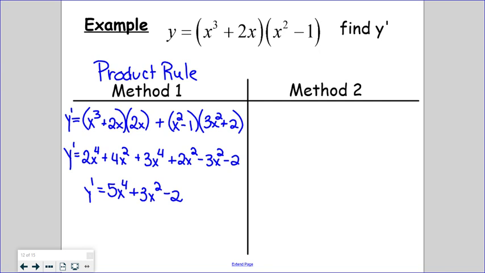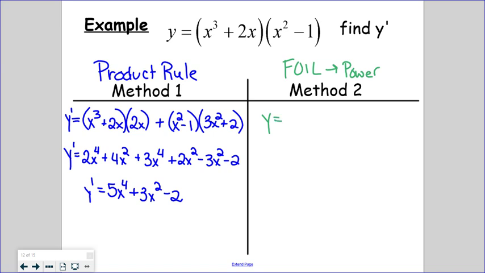Now, I said there was a second method. Any guesses now looking at what we did last time, what that second method might be? FOIL it out first. Absolutely. If we are looking at two polynomials, you absolutely can FOIL first, and then it is just a power rule problem. So again, without changing anything, all I'm doing is FOILing first. I am not actually taking the derivative right now.